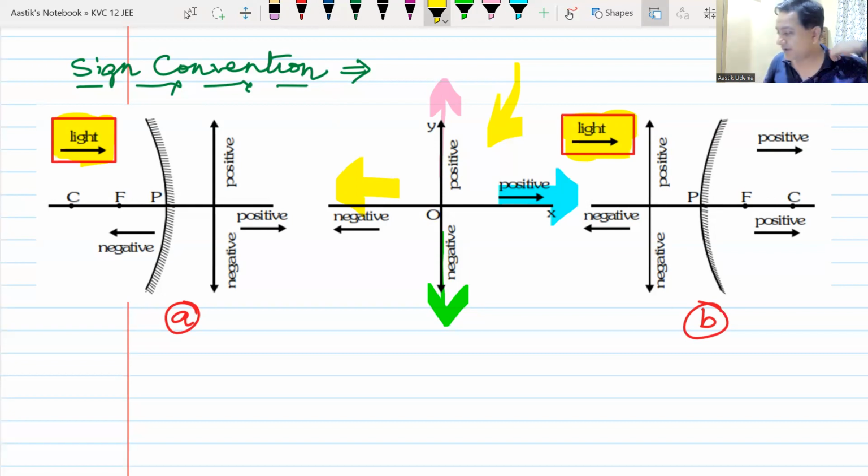And I would expect you to draw this. You don't have to draw everything. You just understand the sign convention. The previous diagram was good enough. This is just taking things to another level.